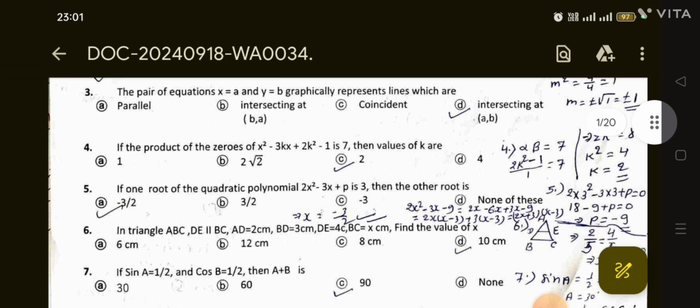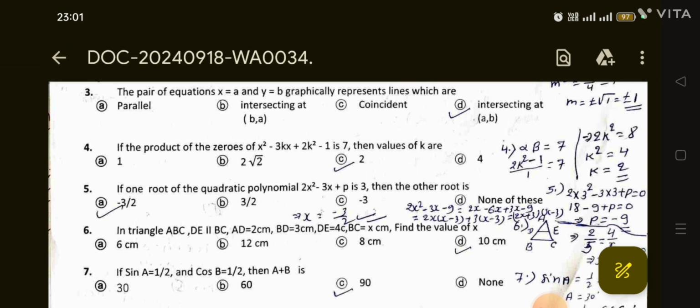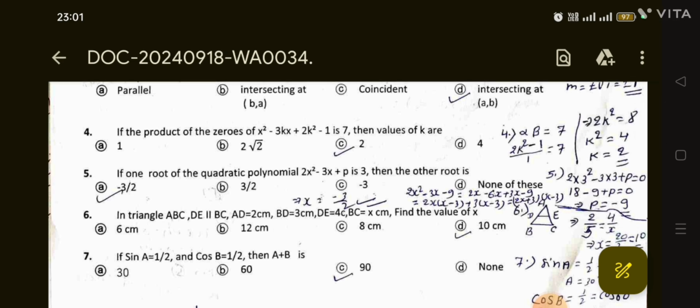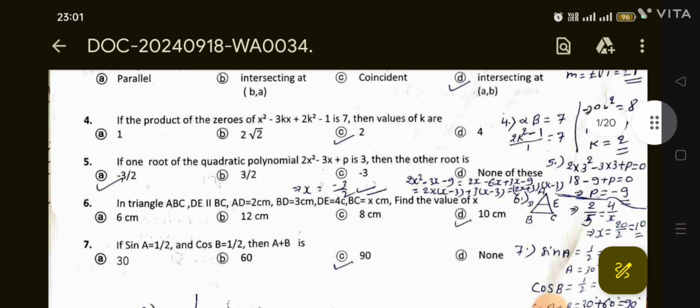Question 5. If one root of the quadratic polynomial 2x square minus 3x plus p is 3, then the other root is. First, if we find p, since 3 is a root of that polynomial, the polynomial will be 0.